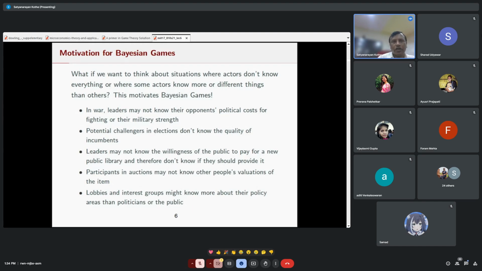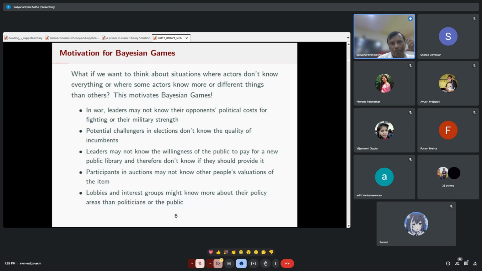So here what is clear is that the opponents have imperfect information. Some participants have more information, some have less information about the strategies, actions, as well as the possible outcomes of the corresponding strategies.